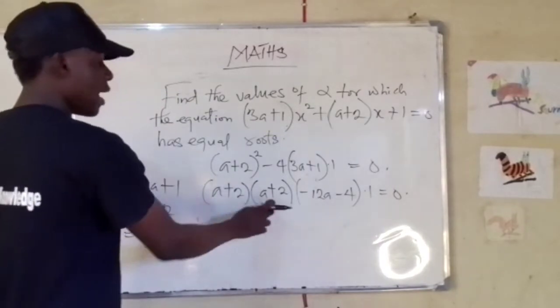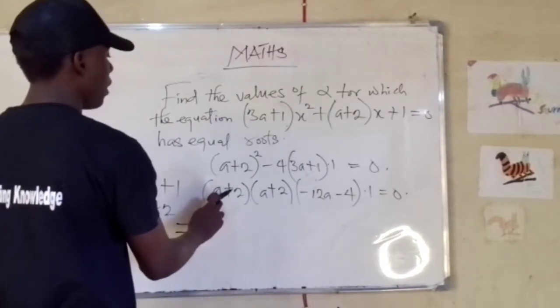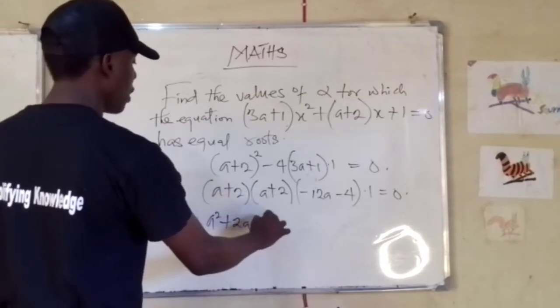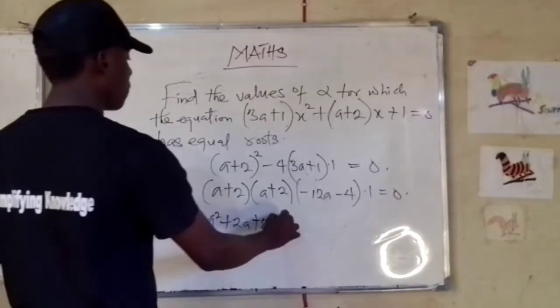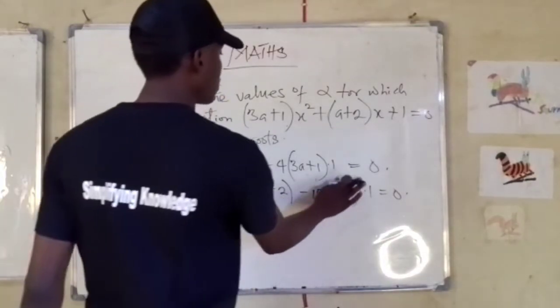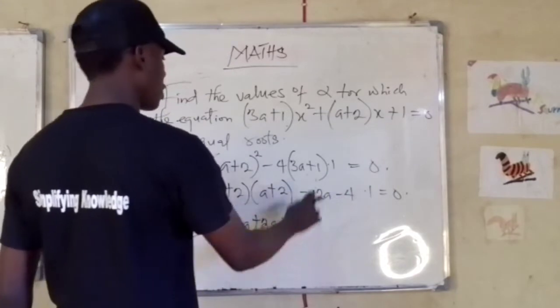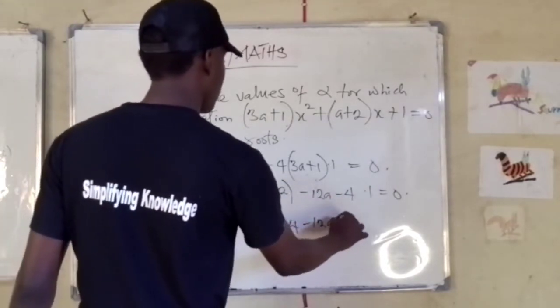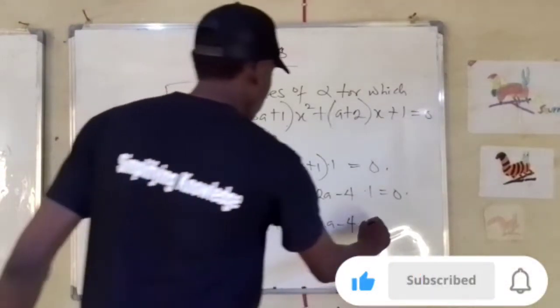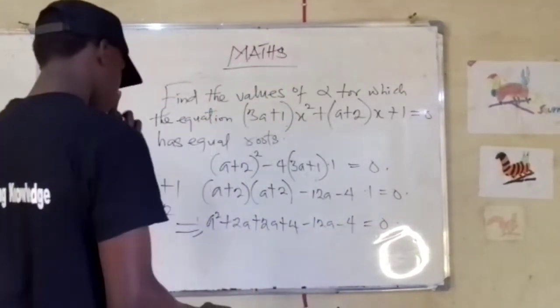Now, a times a is a squared. a times 2 is plus 2a. 2 times a is plus 2a, while 2 times 2 is plus 4. Sorry, let me take out this bracket, it's not supposed to be there. So this is minus 12a minus 4. Times 1 will still give you the same thing. So this is equal to 0.